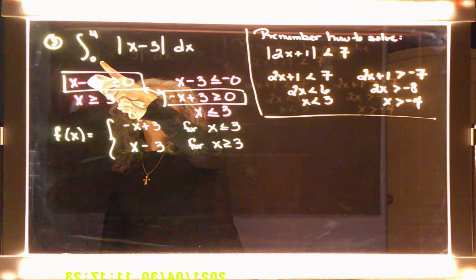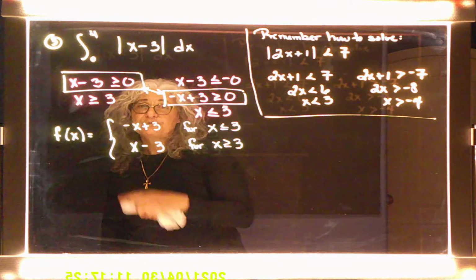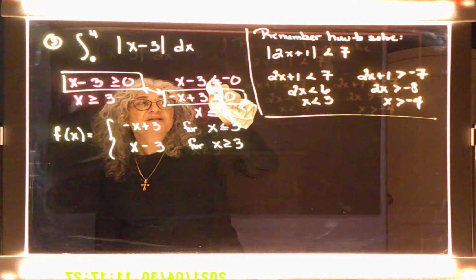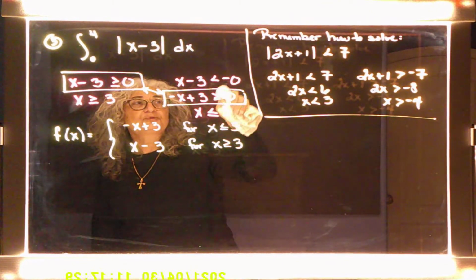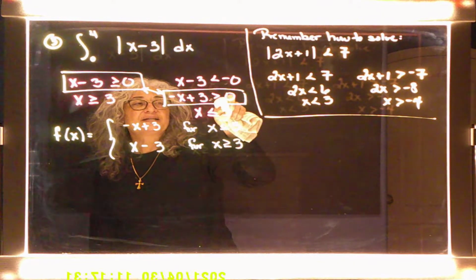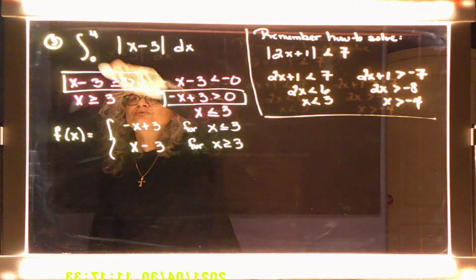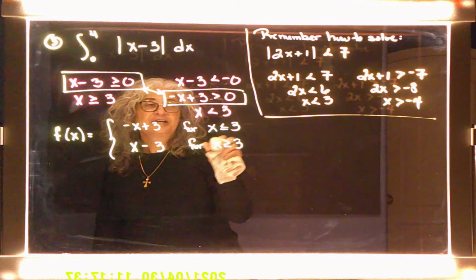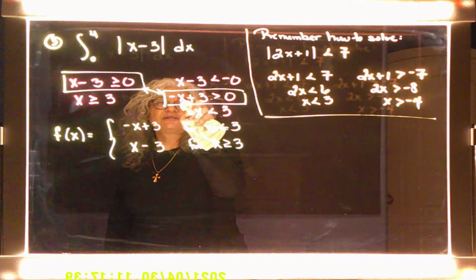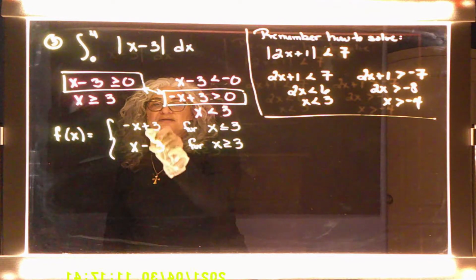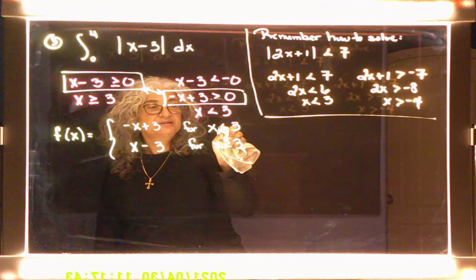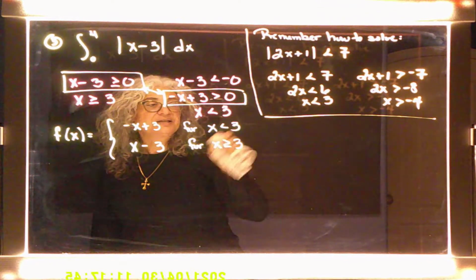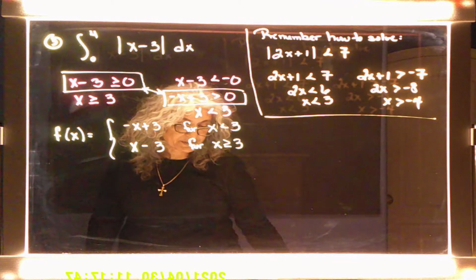The original was greater than or equal to 0. It went from 0 to 4. So on the second one, I am not going to let the equal to sign be there, because the original interval wasn't less than. Okay? So that means your negative x plus 3 is the one that will not have the equal to part. Cool?